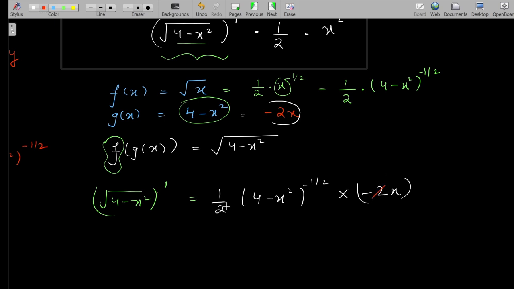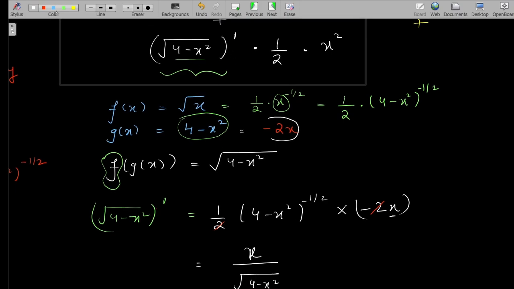This 2 and 2 get cancelled, and you can make this exponent positive, so this becomes 1 over square root of 4 minus x square, because 1/2 power means square root, and x is multiplied here. This is the derivative of this term.